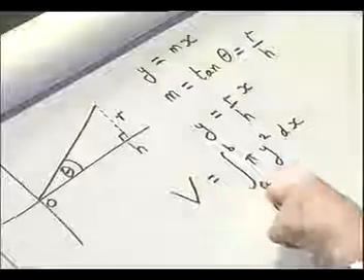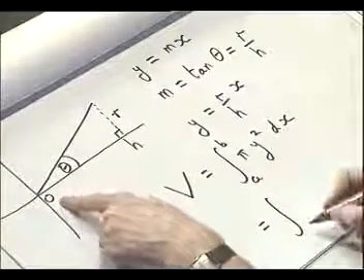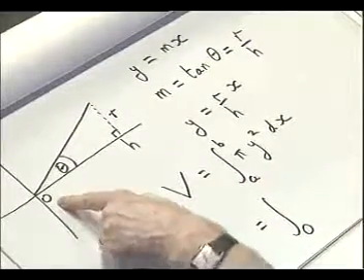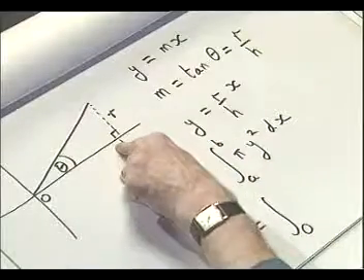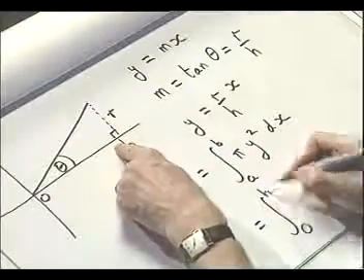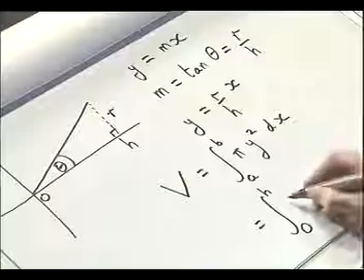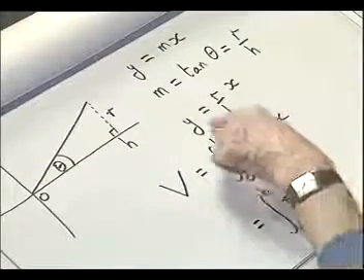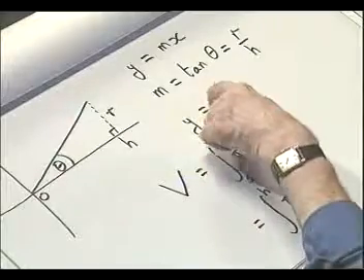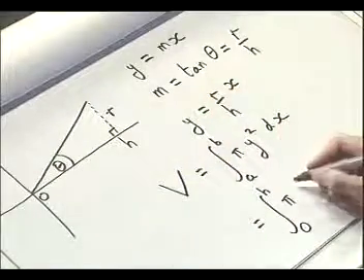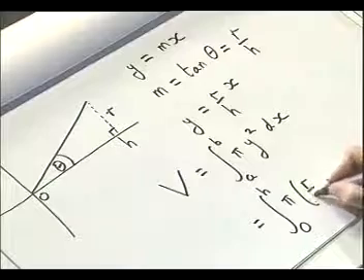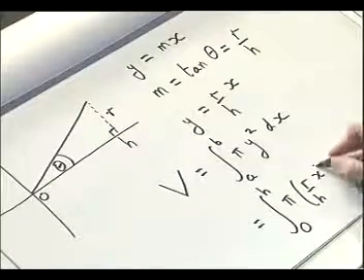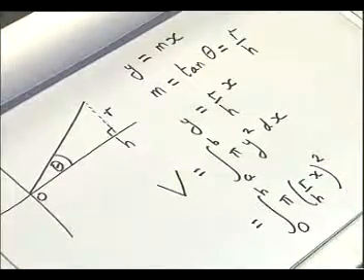A is the lower value of x, and that's at 0, the origin. So x is 0. B is the higher value of x, so that's h there. Pi. And now we want y squared, and we established that y was equal to r over h times x. So that's r over h times x, and we have to square it.